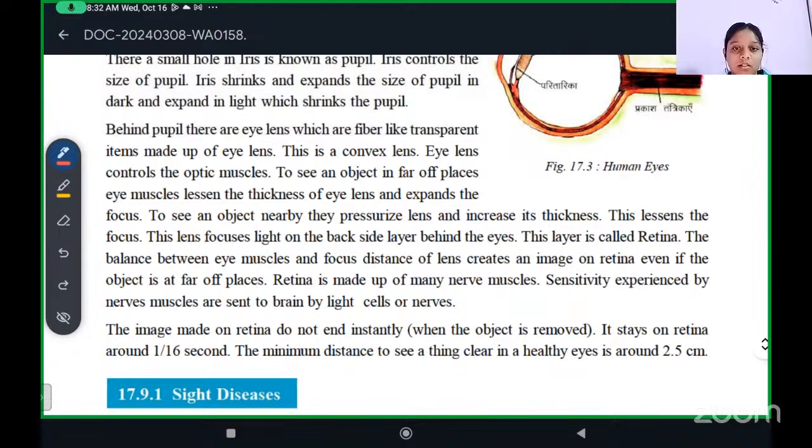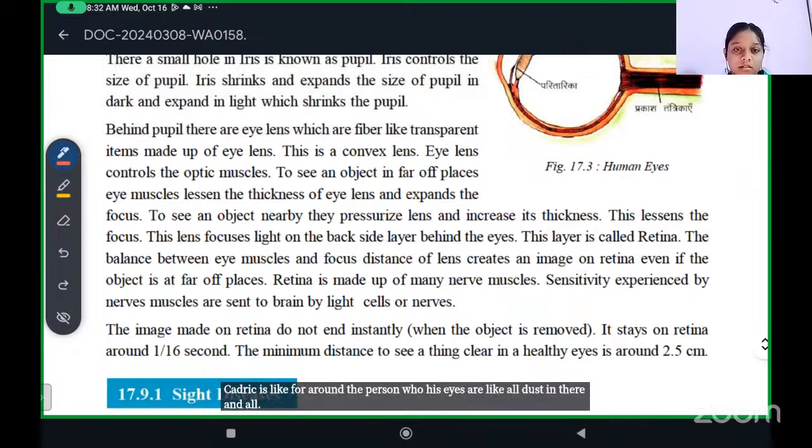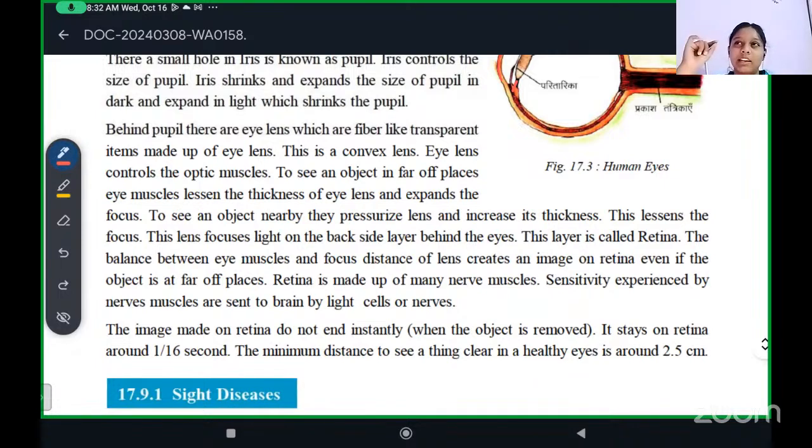Cataract is for an old person whose eyes have dust in them, a very thin layer comes in front of the eye and blurs the vision. There are also myopia and hypermyopia.